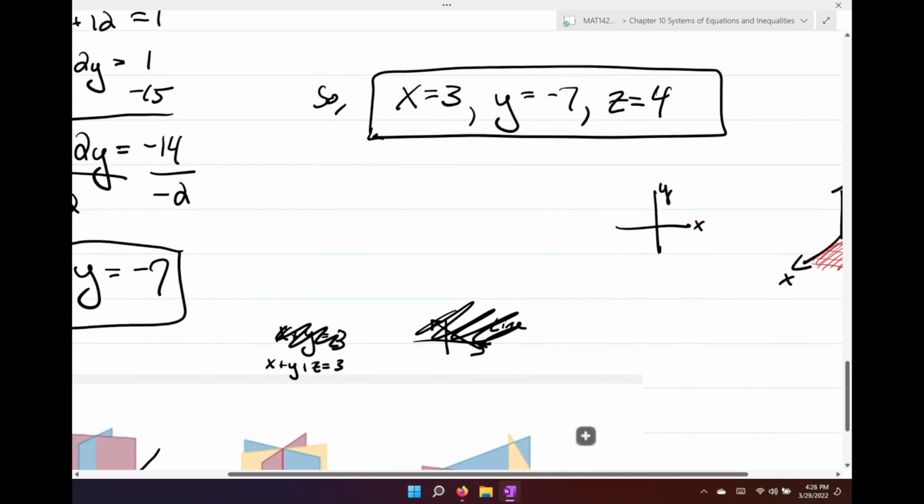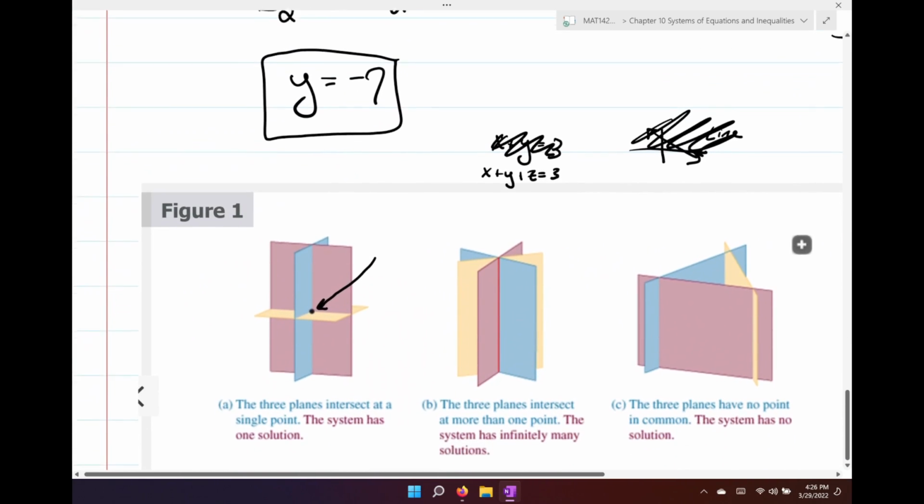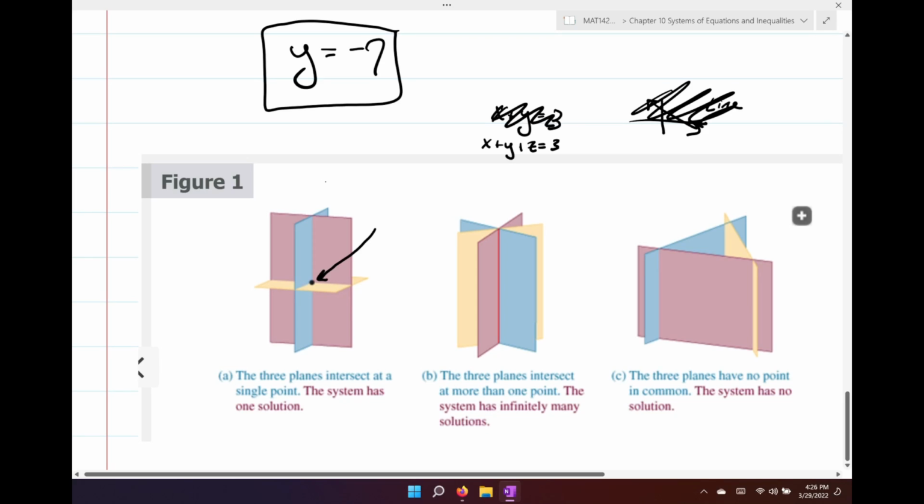We have 3 equations. Each equation that we had is going to be the blue, the red, and that looks like yellow to me, yellow plane. The point at which all 3 of those planes intersect, in this case, would have been 3, comma, negative 7, comma 4. That's where it would intersect.